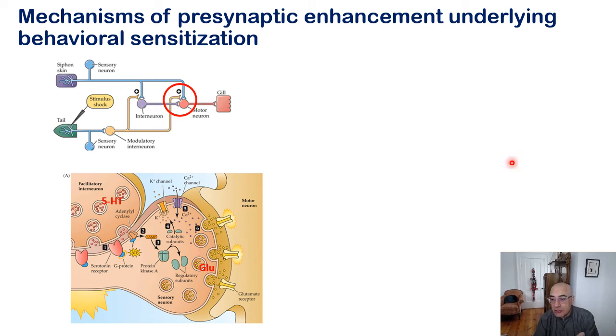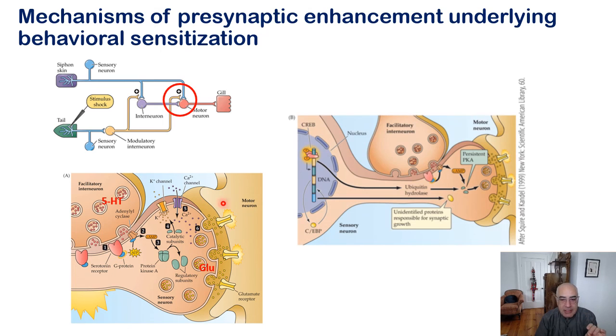In the longer term, that same mechanism, if you keep activating it and activating it and activating it, it actually starts that activation of protein kinase A. Because protein kinase A becomes activated by separating its catalytic and regulatory subunits, it becomes persistent.